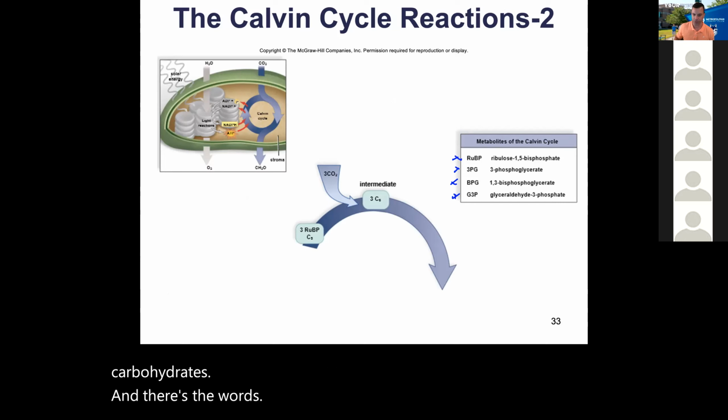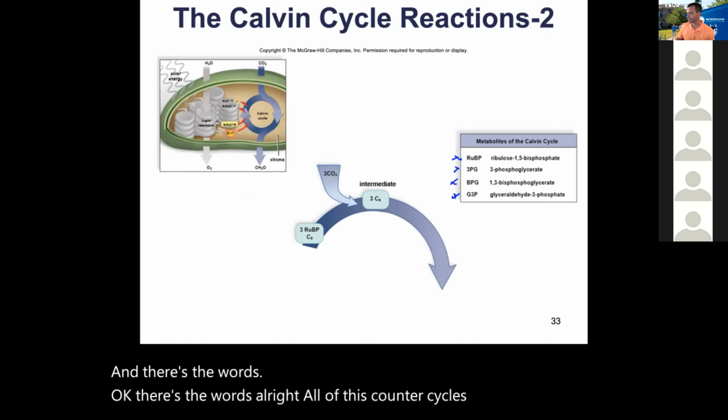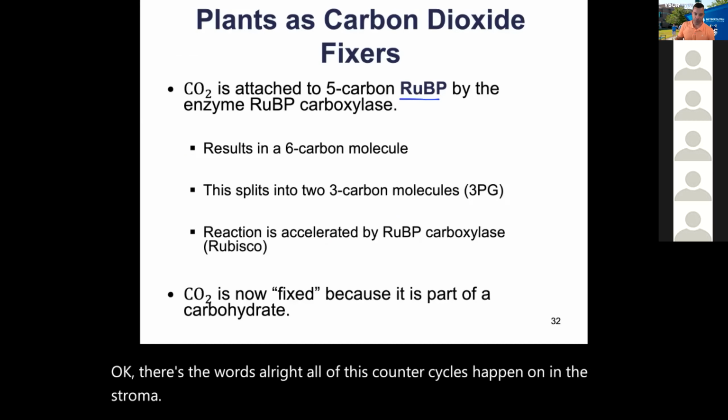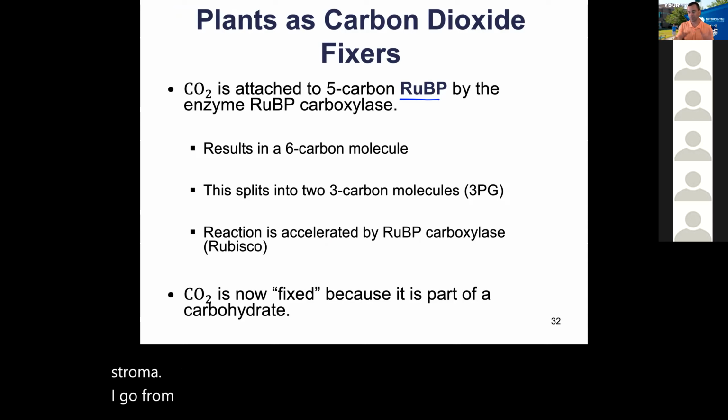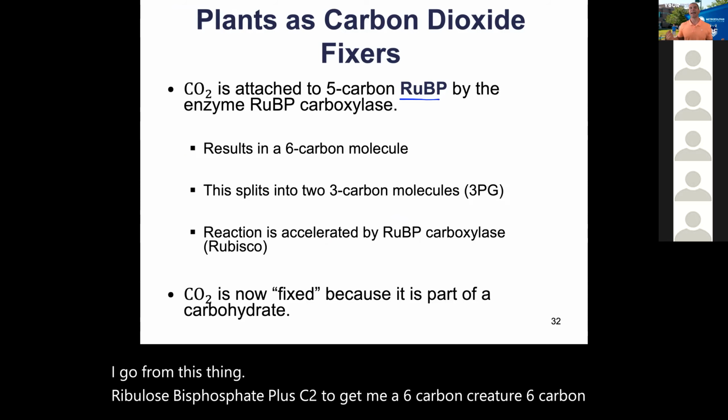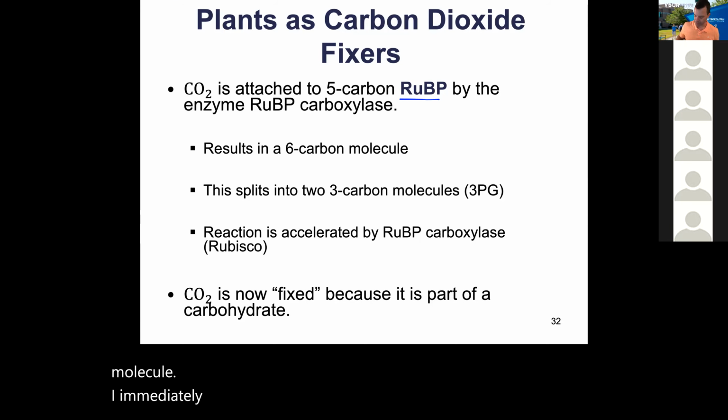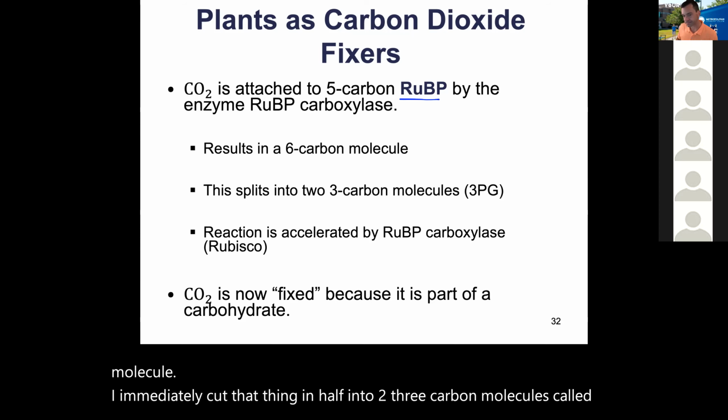All of this Calvin cycle is happening out in the stroma. I go from ribulose bisphosphate plus CO2 to get me a 6-carbon molecule. I immediately cut that thing in half into 2 3-carbon molecules called 3-phosphoglycerate.